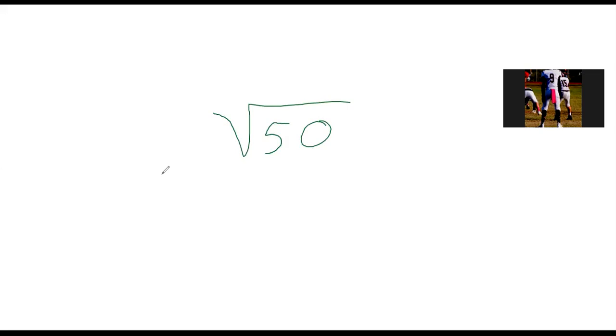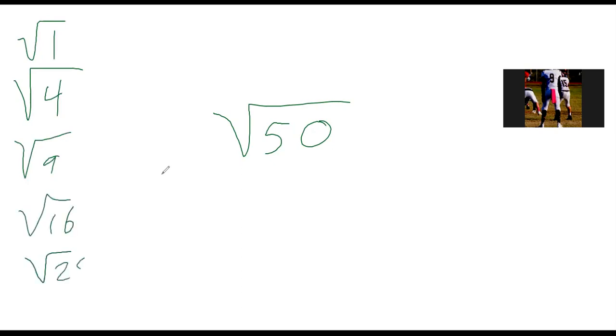So let's do, for example, square root of 50, okay? Remember that our perfect squares are 4, well, I guess technically 1, but 4, 9, 16, 25, 36. So let's split this into a perfect square and then something else. 5 and 10, but neither of those is a perfect square.